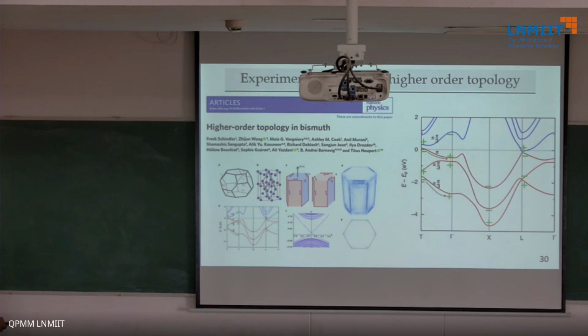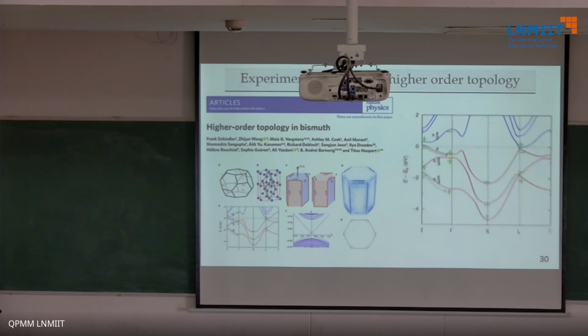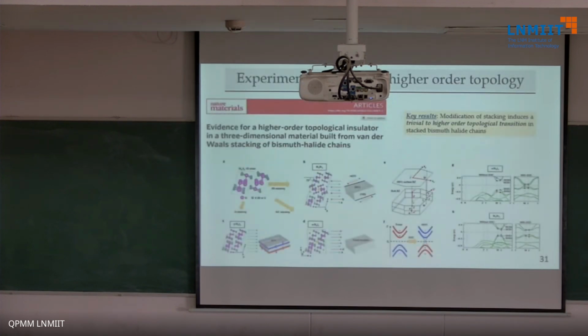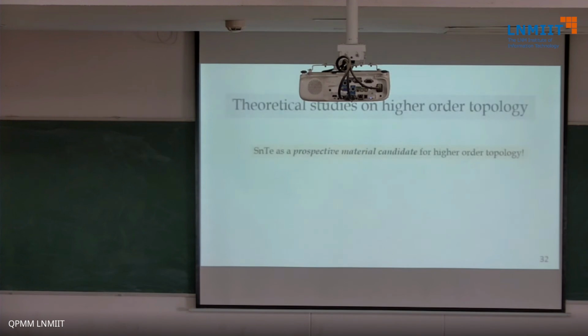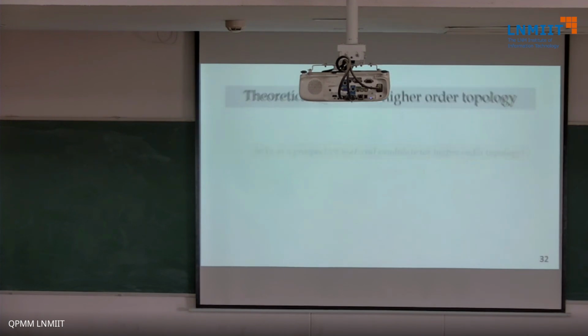Because of this two changing of values, there are two band inversions, and that made bismuth a higher order topological insulator. Similarly, bismuth halide chains became higher order topological insulators with two of these kinds of inversion symmetry breaking transitions.